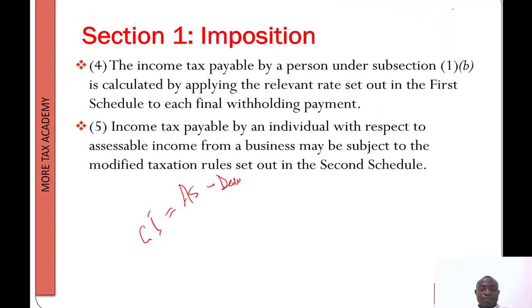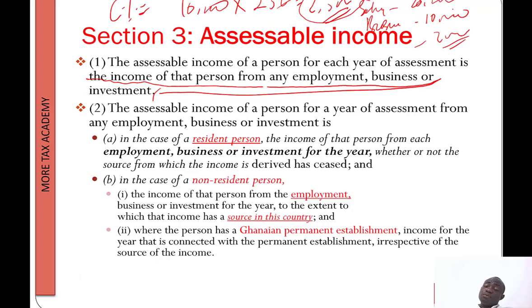So if you want to determine the assessable income, you've got to be careful because there's something we call jurisdictions to tax. As we sit here, we can't go and tell American citizens to come and pay tax in Ghana. No. Yes, we have the power under the Constitution to impose the tax under Section 1.